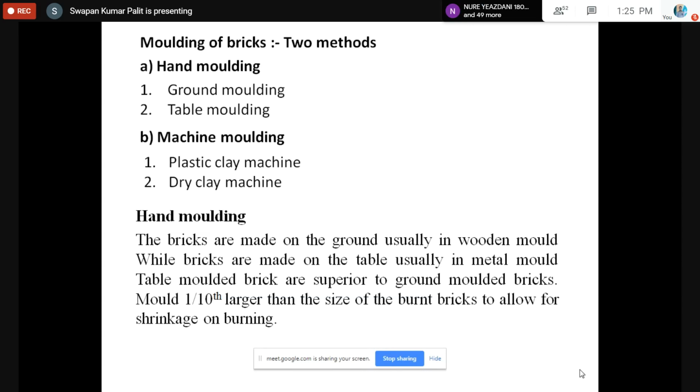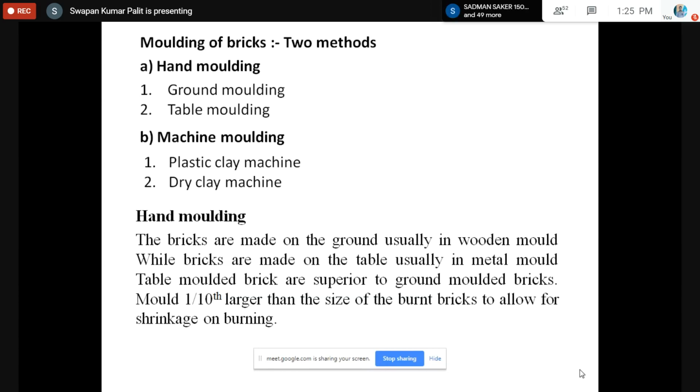Okay. So machine molding brick is actually the better brick and good brick. So whatever it is, it needs a mold. Mold may be wooden mold or steel mold.